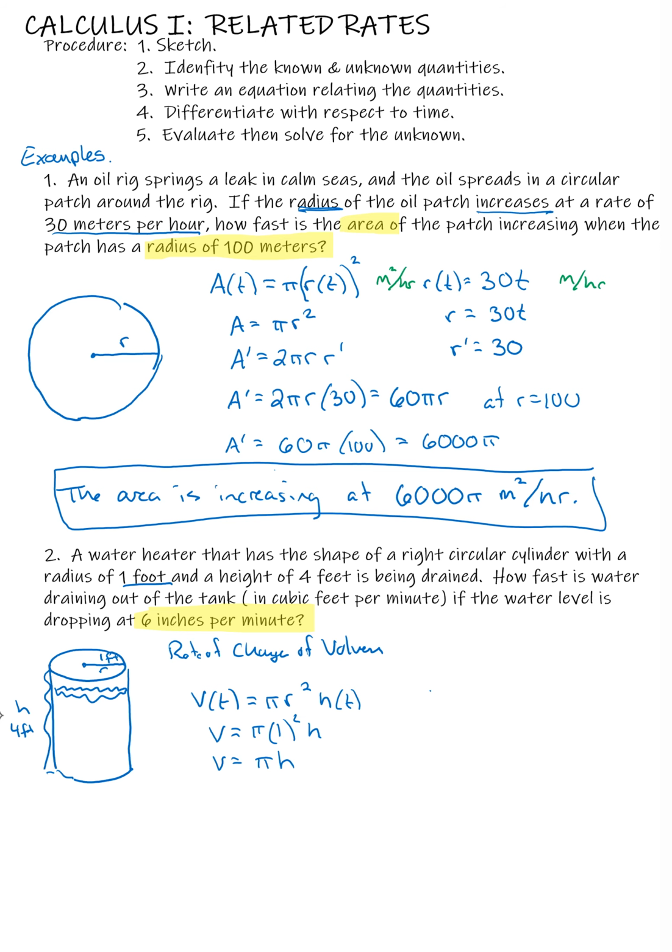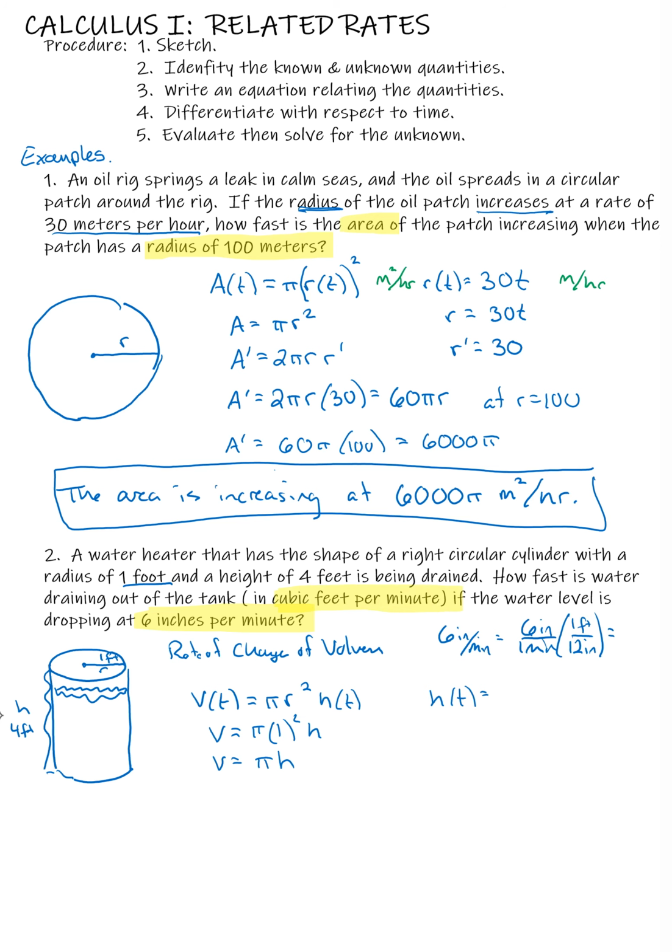Now, again, h is a function, so let's take a look at that. We know that this is 6 inches per minute. But notice we want our result to be in feet per minute, cubic feet per minute to be exact. So I need to make sure to change this 6 inches per minute. Well, that's 6 inches over 1 minute. We know there are 12 inches per foot.